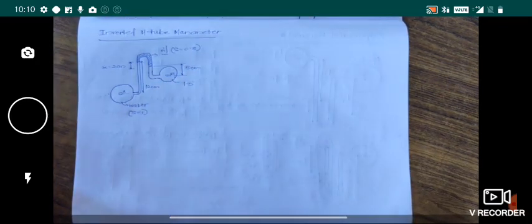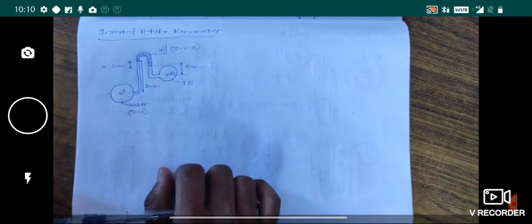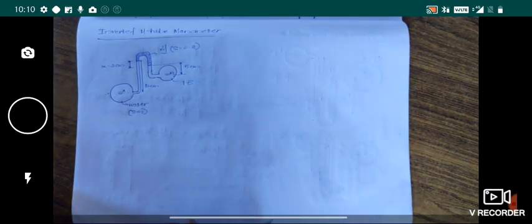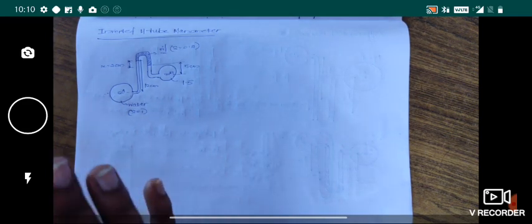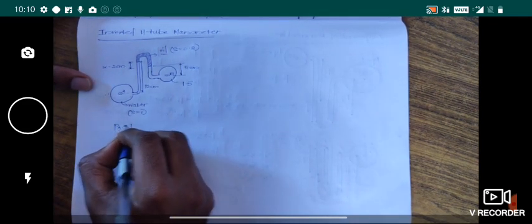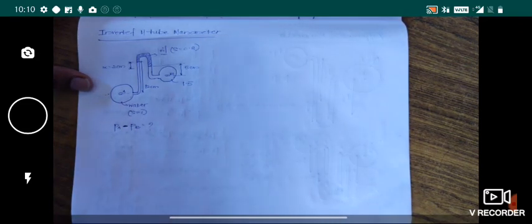I'm just showing you an example for this. You have two pipes connected with the inverted U-tube manometer, and the measurements are given as such. So you need to find the pressure difference between point A and B. PA minus PB is equal to how much? This is what you have to find.